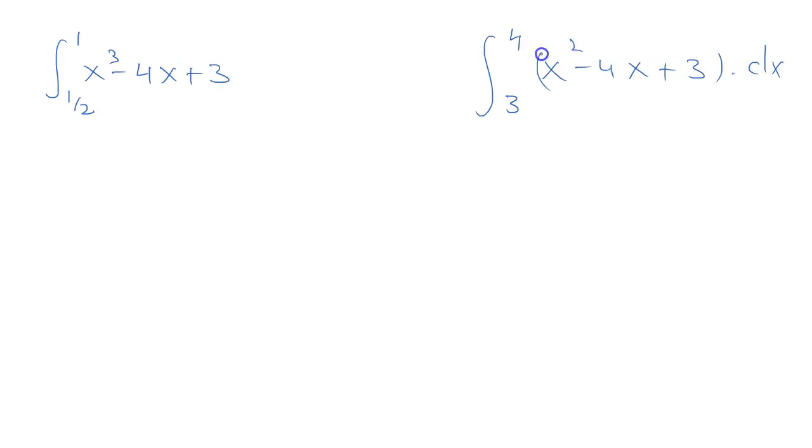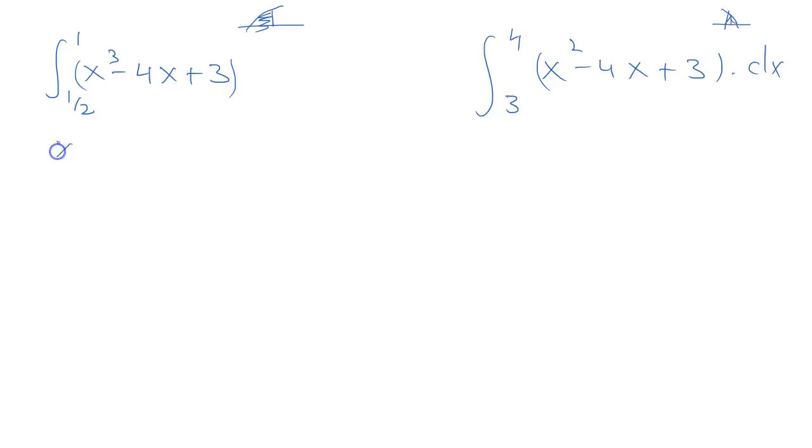So that is integration half to 1, x² − 4x + 3. This area, then another area was 3 to 4, x² − 4x + 3 dx. So this was the area of this one, and this is the area, this one. We are trying to calculate this.